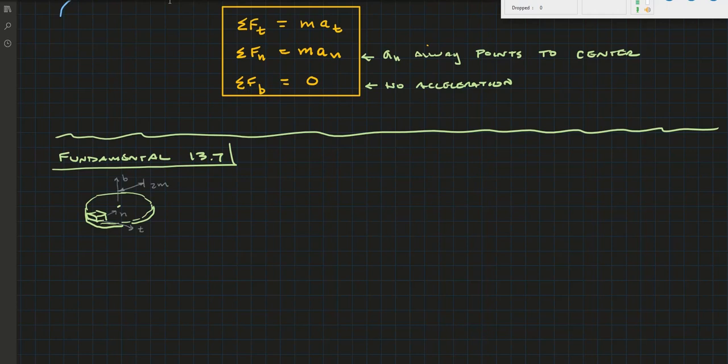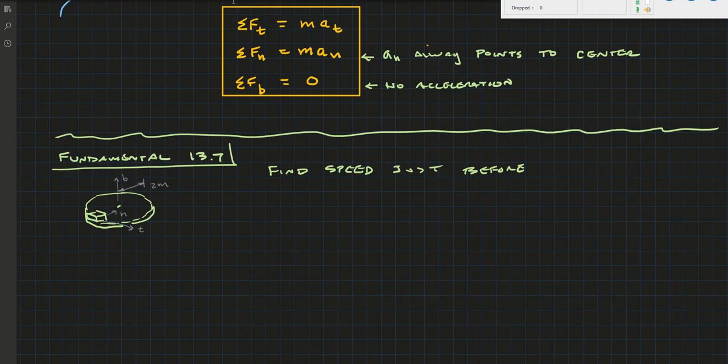So let's do a fundamental problem here. We have a spinning disk, and we want to find the speed just before slip of this block.